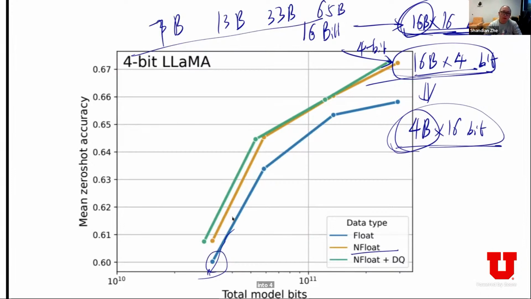So the blue line just means if you don't do any quantization and maintain the original model size, and vary the model size, how does the accuracy vary, right? Yes.